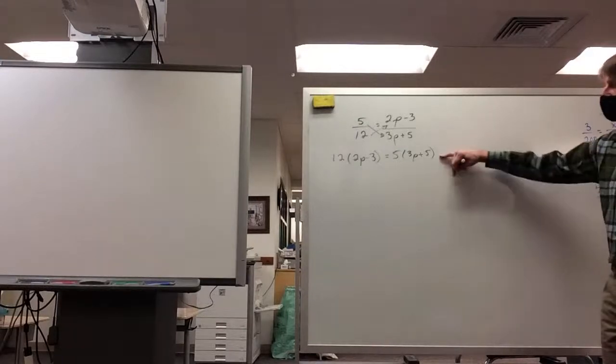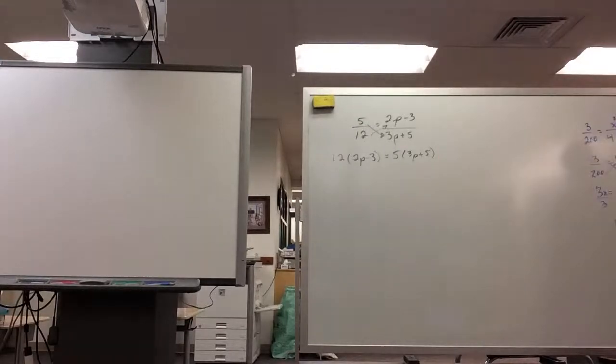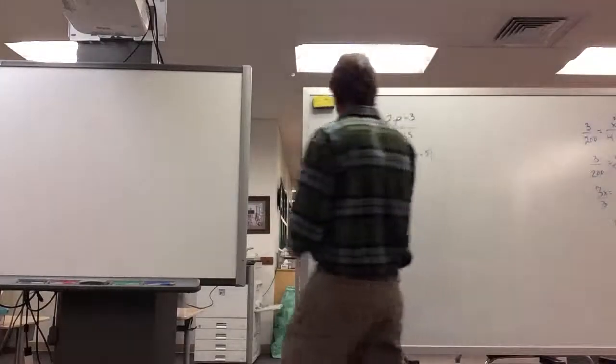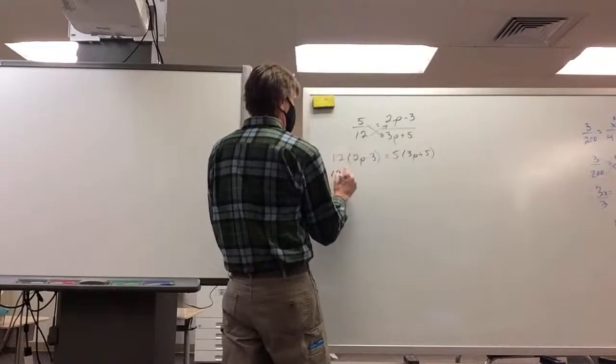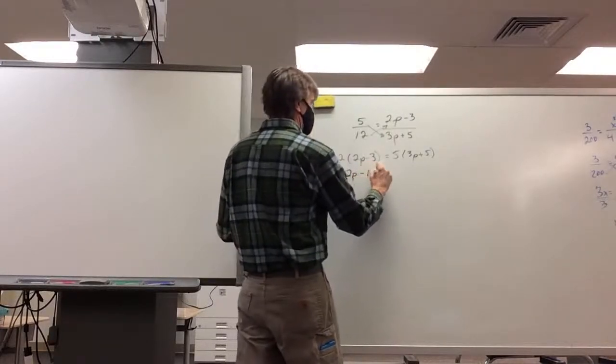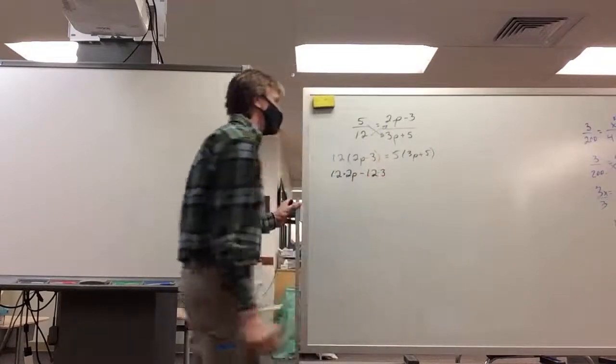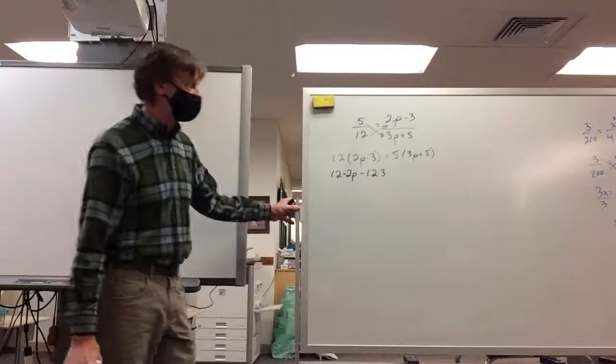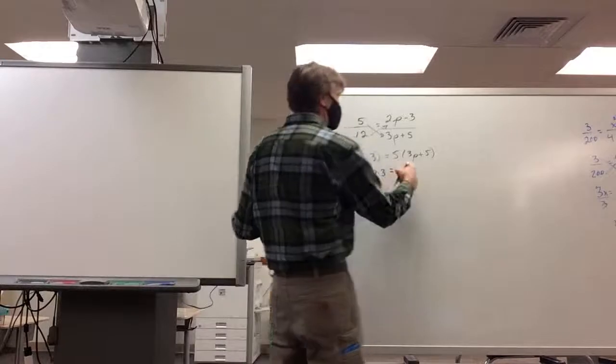So just look at this line. What's the first step that has to be done to get the variable p? You gotta distribute. So you've got 12 times 2p, subtract 12 times 3 on the left-hand side. What do you have on the right-hand side?